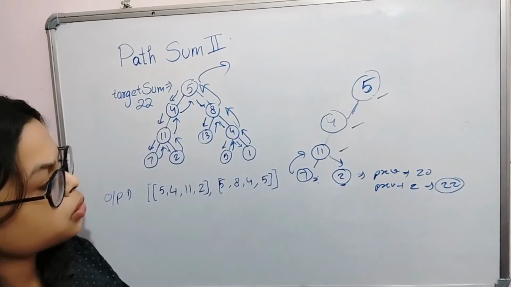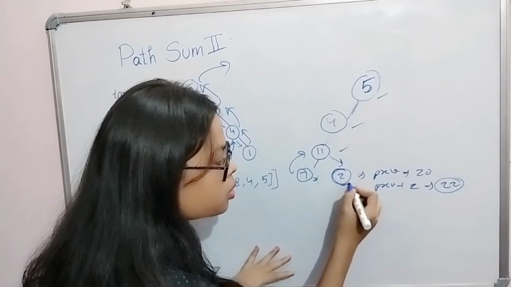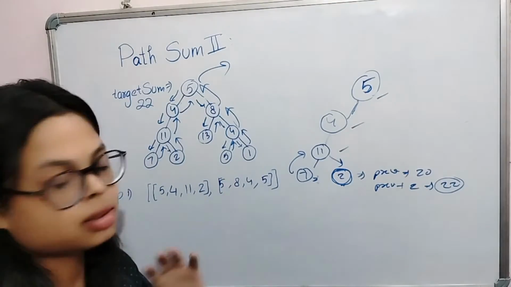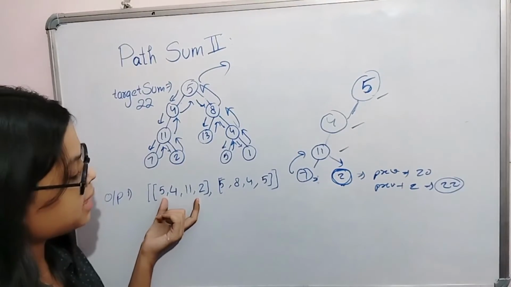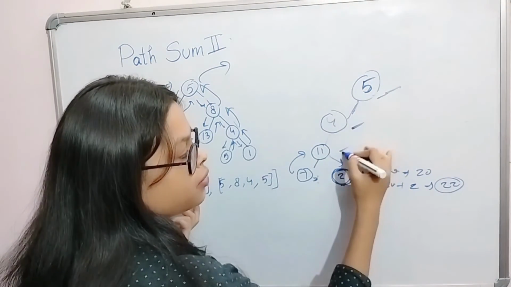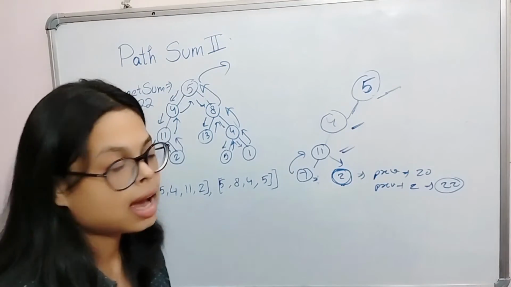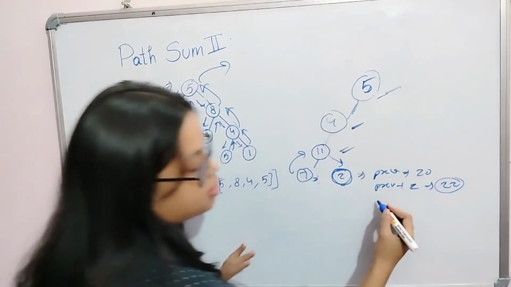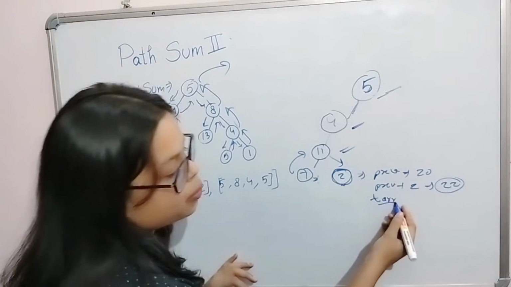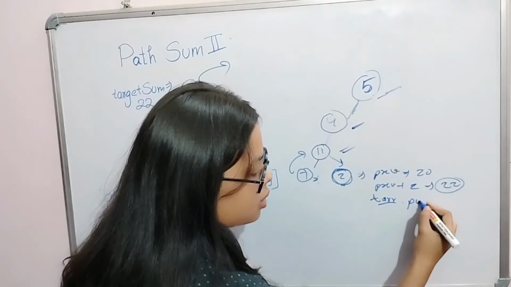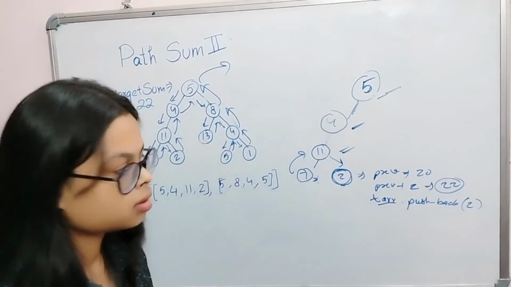So what I can do is, I will have to add this 2 to some array or some vector or list that will have all the previous nodes as well. So apart from previous, I can also have a temporary array. Let's say temporary array. Okay. And then to this temporary array I will push back. Is this clear?